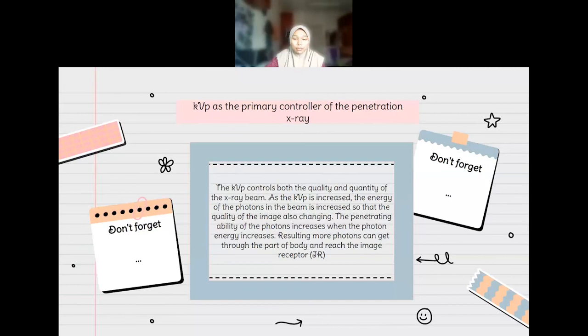As the kVp is increased, the energy of the photons in the beam is increased so that the quality of the image also changes. The penetrating ability of the photons increases when the photon energy increases, resulting in more photons that can get through the path of the body and reach the image receptor, also known as IR.